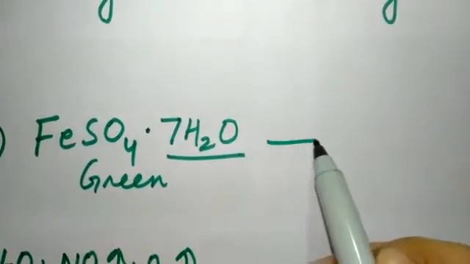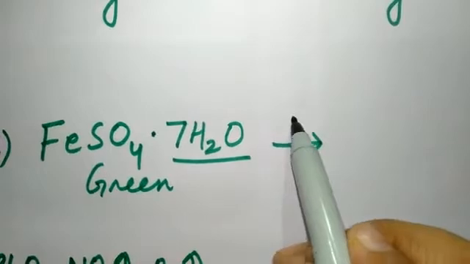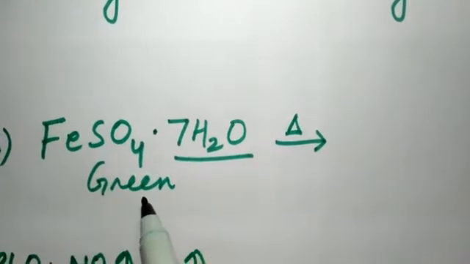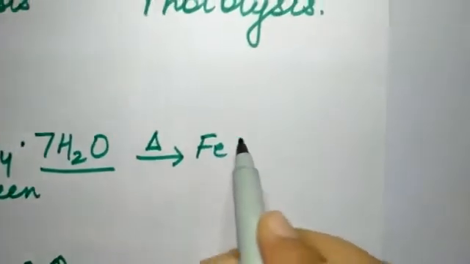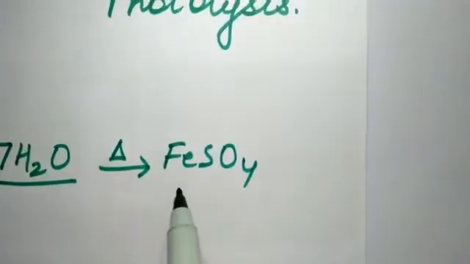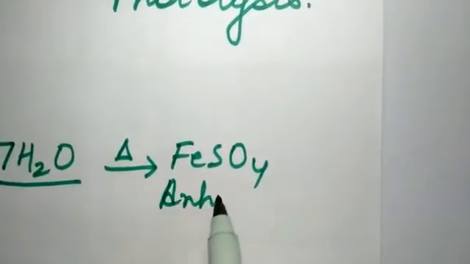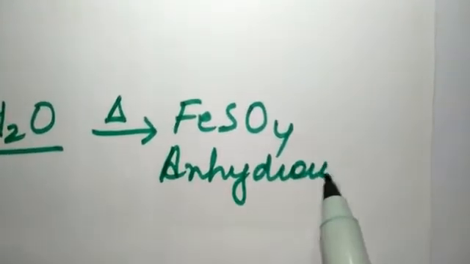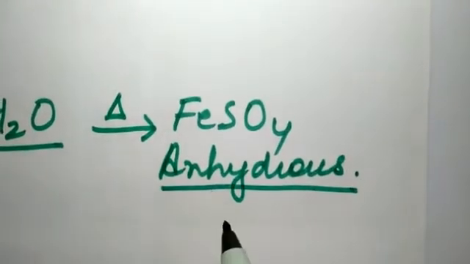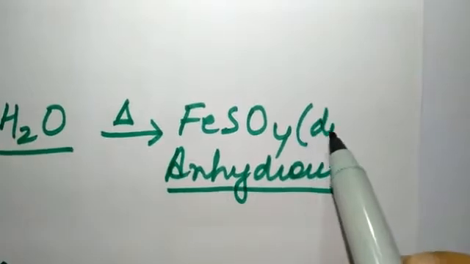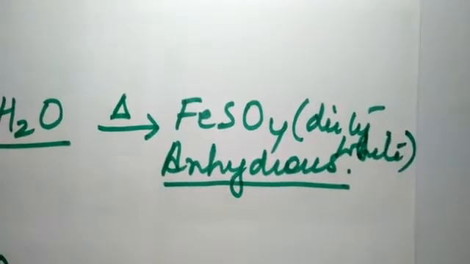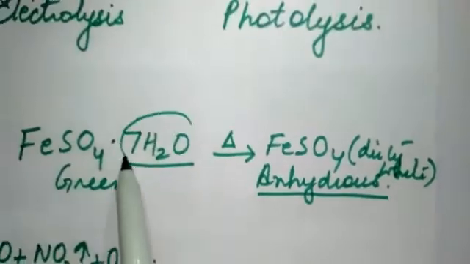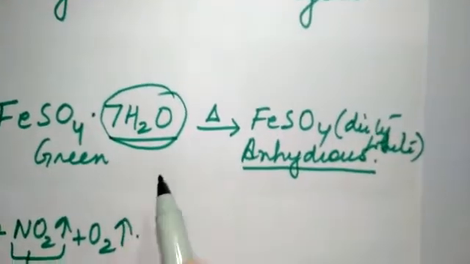When we heat these crystals of ferrous sulfate, it forms FeSO4, which is known as anhydrous. Anhydrous means without water. This forms anhydrous ferrous sulfate, which is dirty white in color. It loses its green color because the color was due to the water molecules present in it.